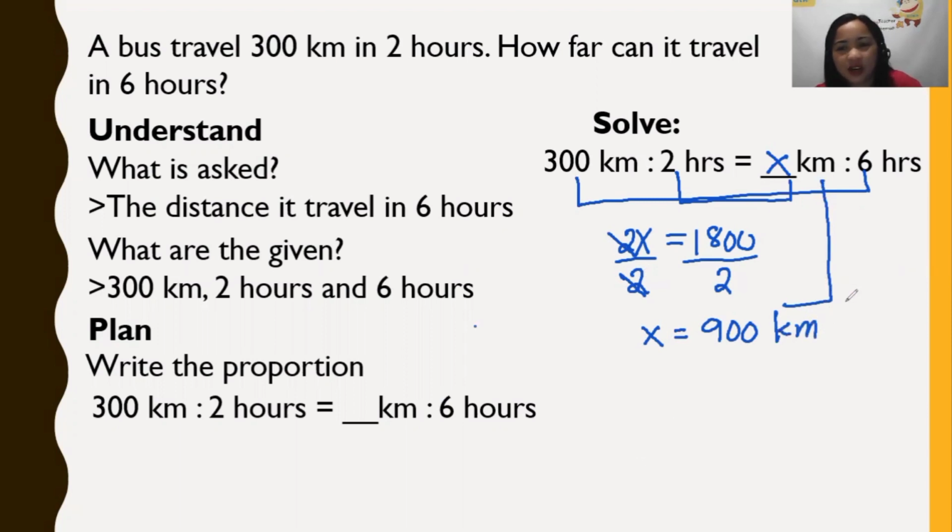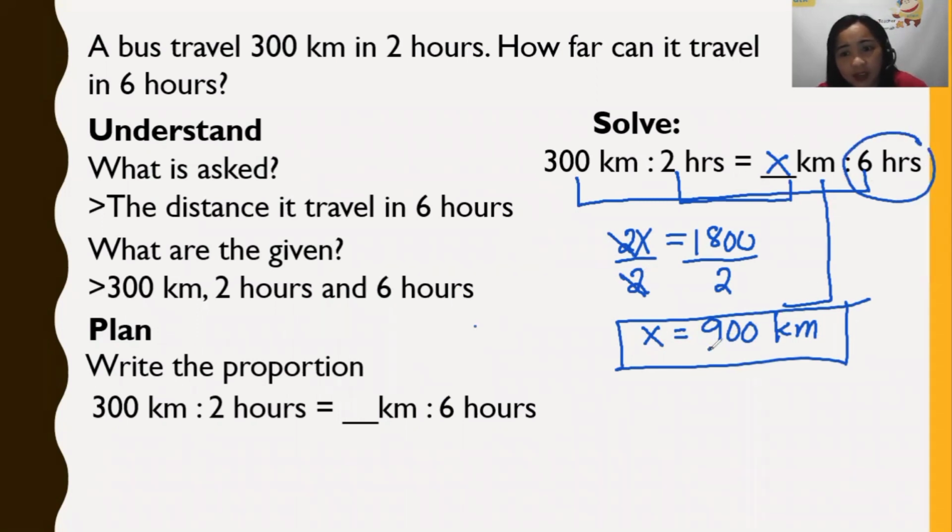So, therefore, the car or the bus can travel 900 kilometers in 6 hours. So, anong napansin nyo? Siyempre, tataas yung sagot, mas magiging mataas sa 300 kasi yung time nadagdagan. Habang nadadagdagan yung time travel, siyempre, madadagdagan din yung distance travel. So, this is an example of direct proportion.